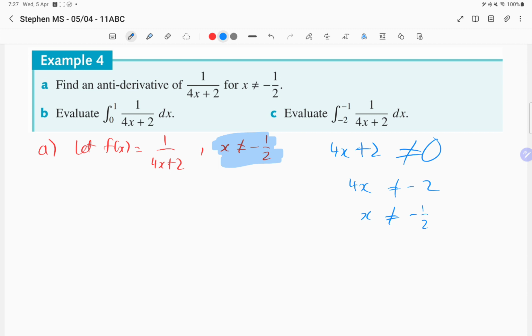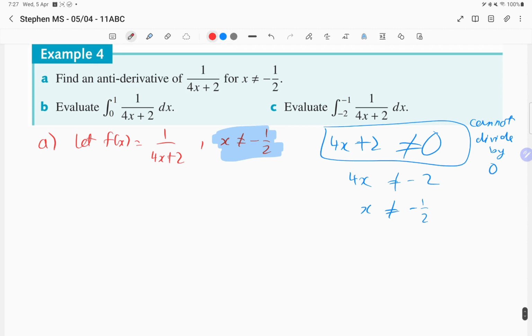So the restriction for this one is mostly because of dividing by 0. Most of them are like that. The other one is that you cannot take ln of 0 or negative numbers in methods.